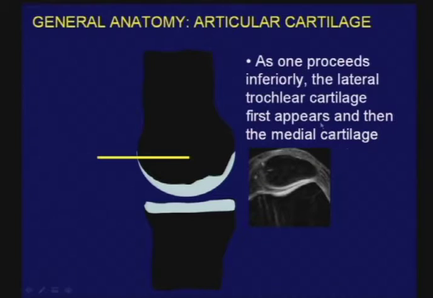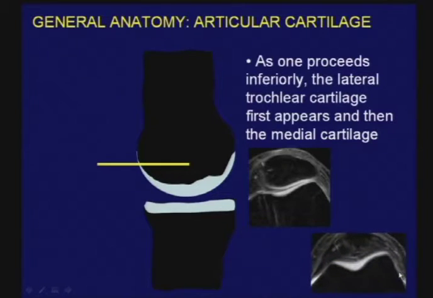Almost invariably, when you look at the trochlear cartilage as you come from above and move down, it is the lateral trochlear cartilage that appears first. And that relates to that sloping surface that I pointed out on the first slide of this talk. So you have to realize that and then not say, well, gee, there must be loss of articular cartilage on the medial aspect of the trochlea. Actually, you can see the cartilage extend toward the medial side as you go lower and lower on your images.